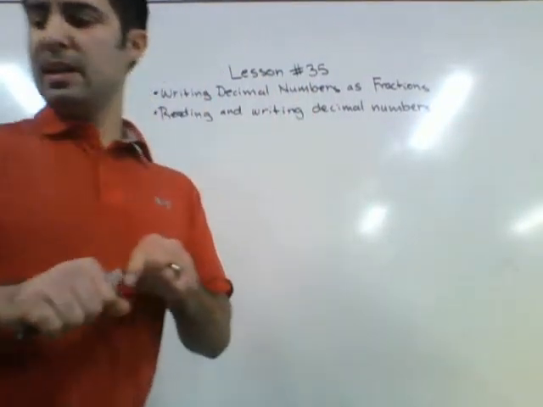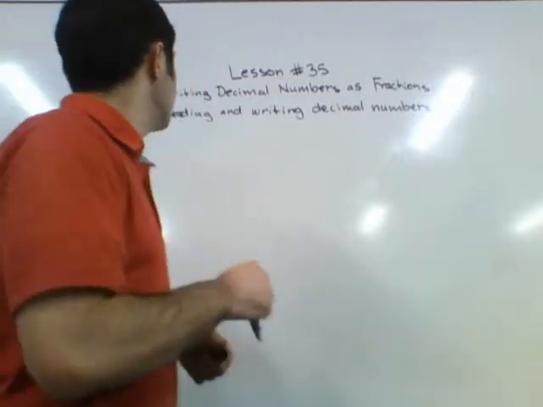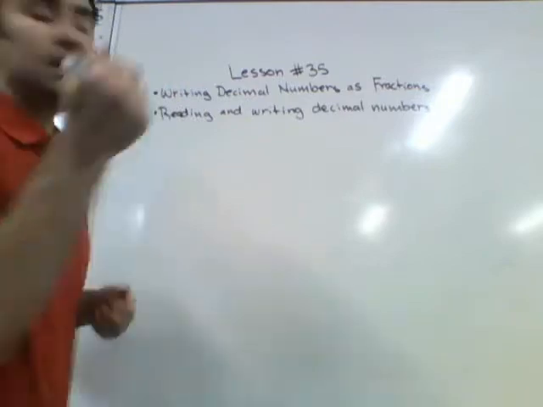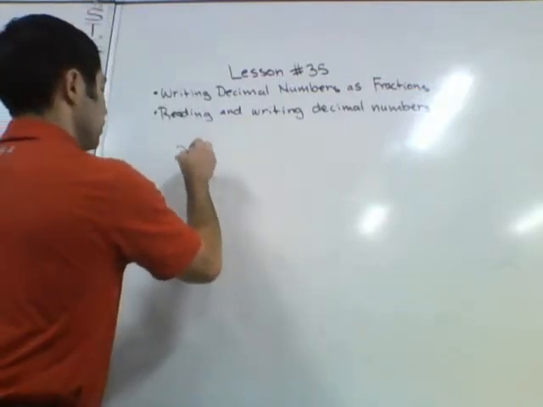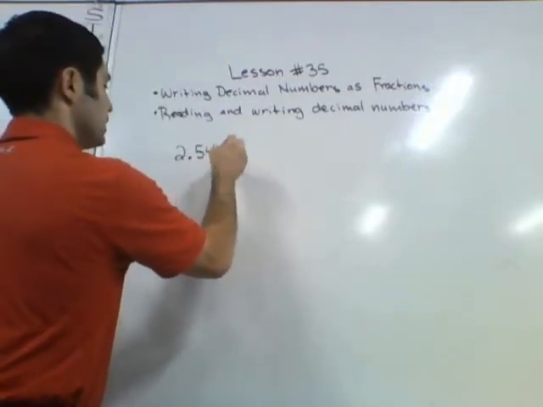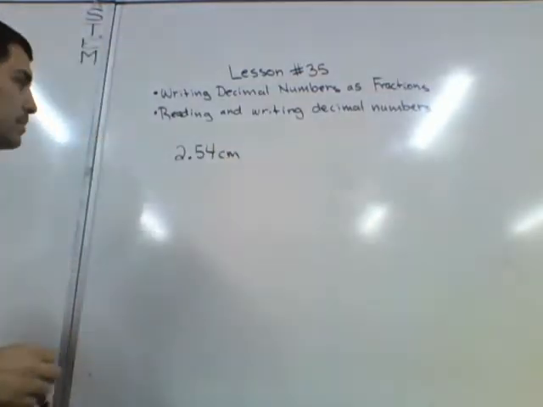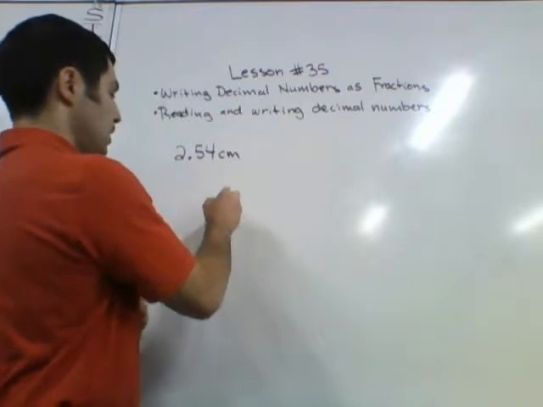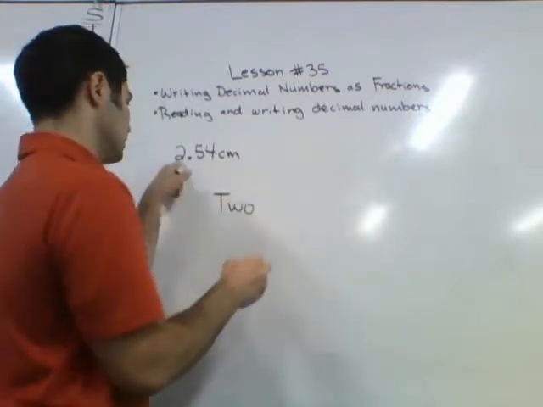Alright, now we're going to do some problems on reading and writing decimal numbers. If you see 2.54 centimeters, how many centimeters is that? Well, we're going to write this out in word form. You can write the word 2, because there's 2 centimeters.